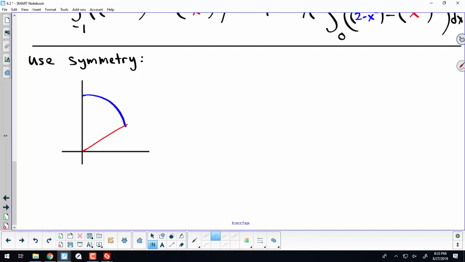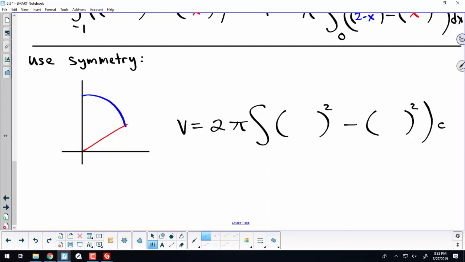In the sense we have this thing, we know it's really two of those. So all we have to do is say the volume is two of these, pi times the outer radius squared minus the inner radius squared. Nothing changes here.